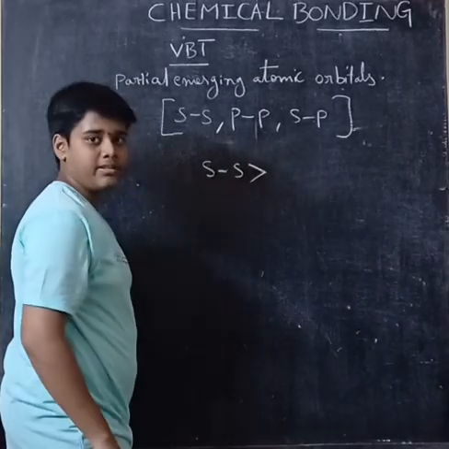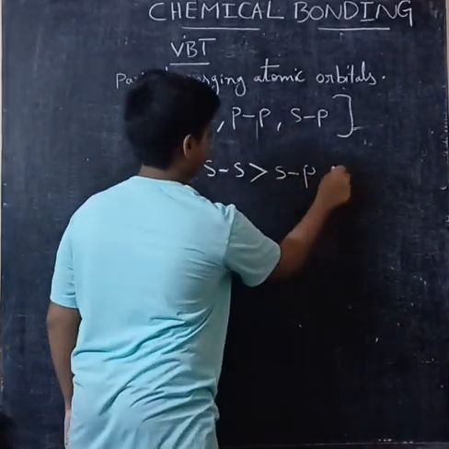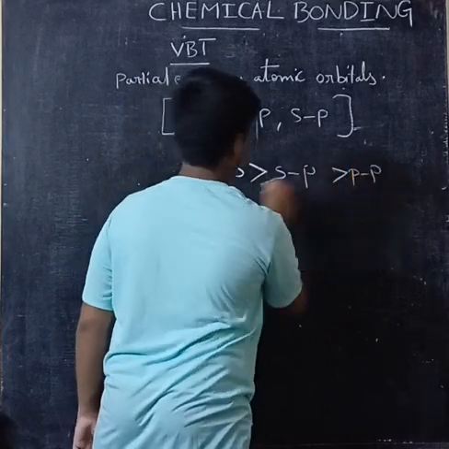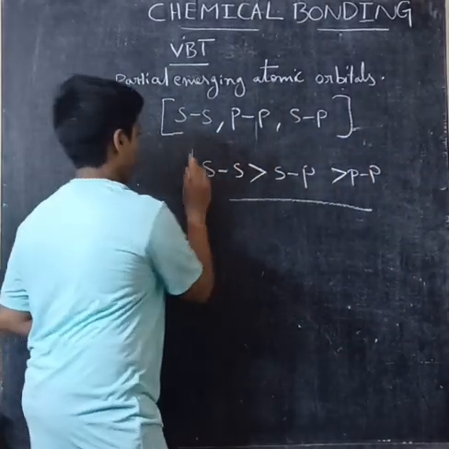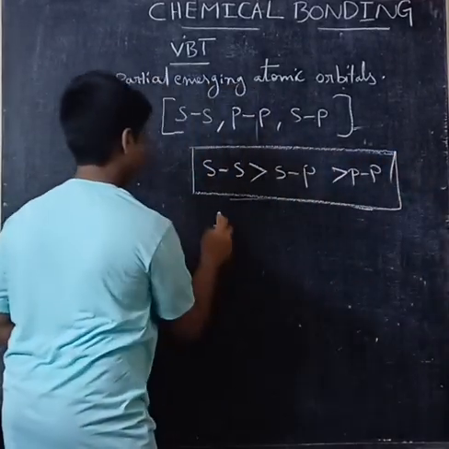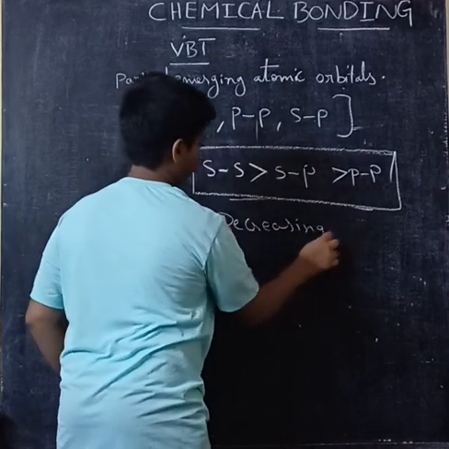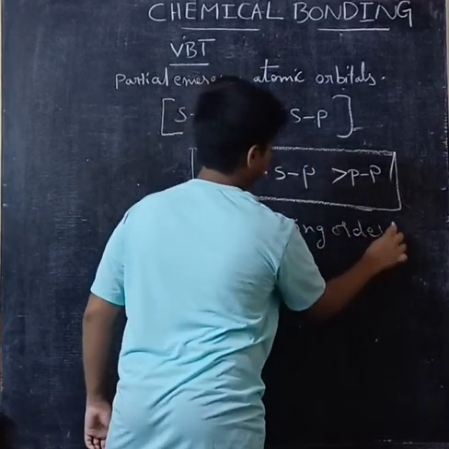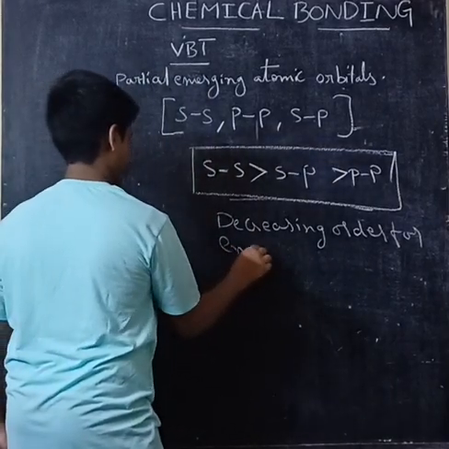Less than SS is SP overlap. Less than SP is PP overlap. This is the order of strength, or energy decreasing.